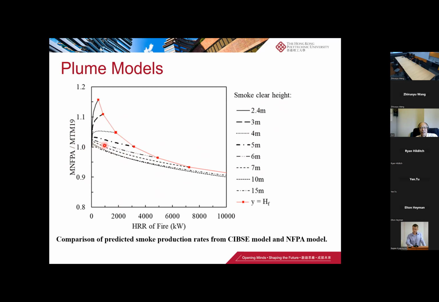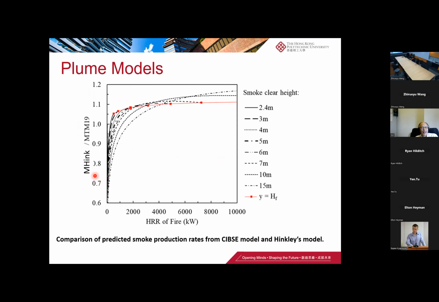Because if you draw a line here at 1, part of the curve is below 1, part of the curve is over 1. The reason we missed this part of the curve is because here the flame height is larger than the smoke clear height, so the plume model is not applicable.